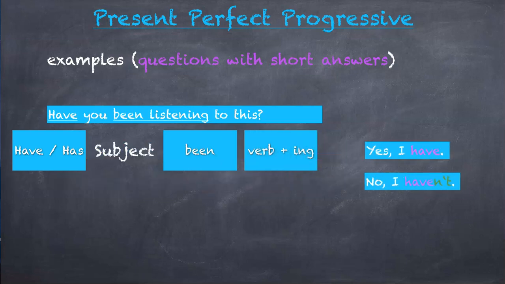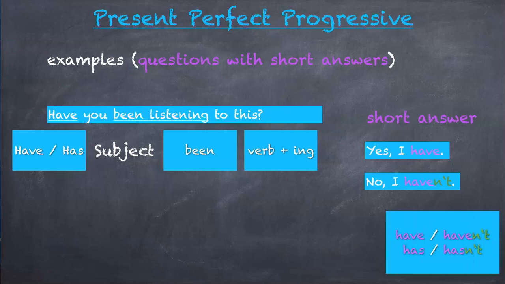You answer with yes I have or no I haven't, so you use have or has again, and this is a short answer. If you answer negatively, you have haven't and hasn't, and if it's a positive answer, it's have or has.